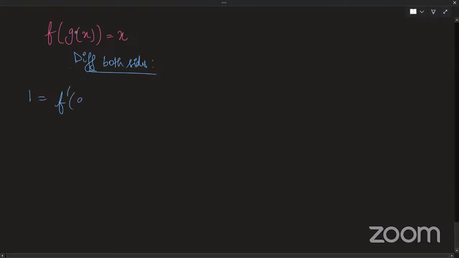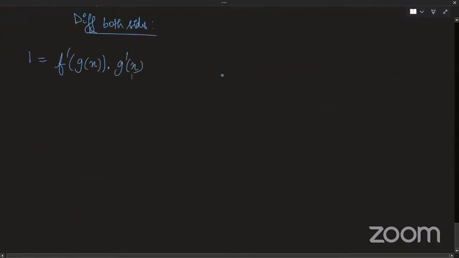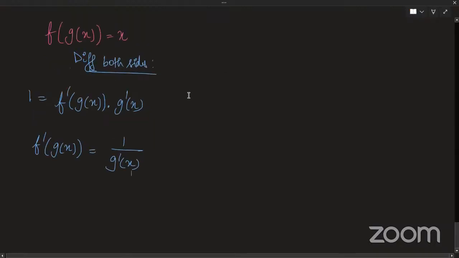It is f dash of g of x into g dash x, right? So f dash of g of x is equal to 1 by g dash x, right?